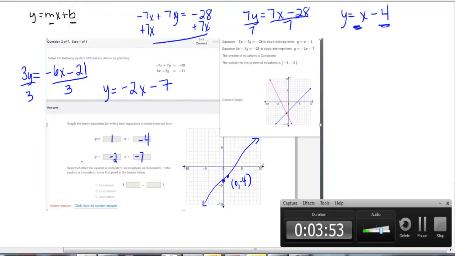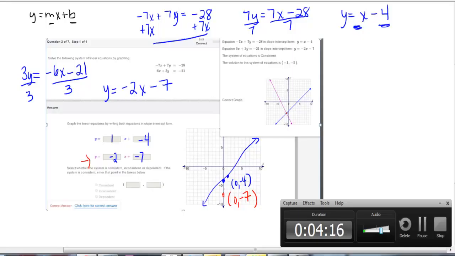For this equation, I go down to negative 7 where it crosses the y-axis: negative 5, negative 6, negative 7. Let's say it's right there. I think this may not be completely accurate. So (0, negative 7) is my y-intercept for this equation.